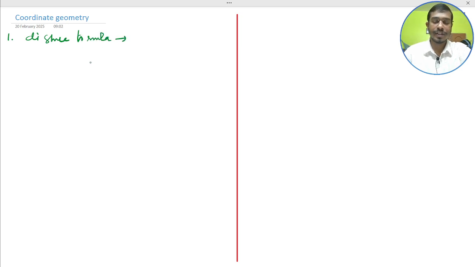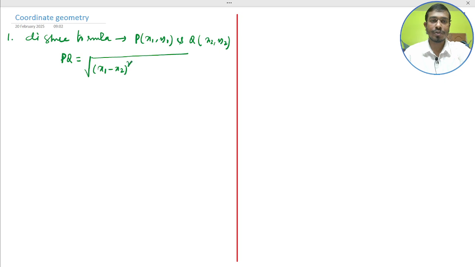Distance formula means the distance between 2 points P (x1, y1) and Q (x2, y2). That is given by PQ is equal to square root of (x1 minus x2) whole square plus (y1 minus y2) whole square.